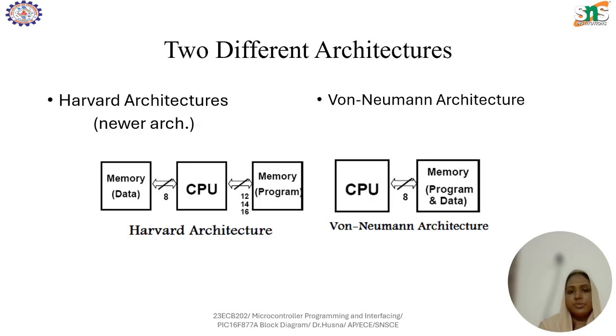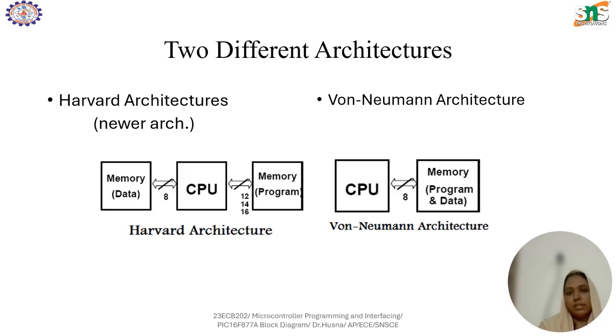Now let's compare the two different architectures: the Harvard architecture and the von Neumann architecture. The PIC controller uses the Harvard architecture, which separates the program memory and the data memory buses. This allows faster access, and it supports RISC, or reduced instruction set computing, for higher performance.